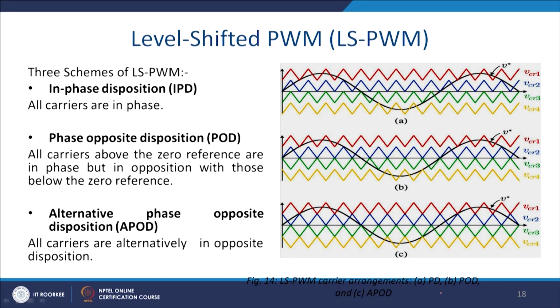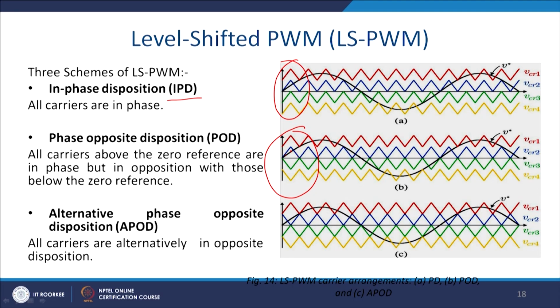So, there are different kinds of phase shifting techniques. One is in phase disposition or IPD, where all carrier waves are in the same phase. Then phase opposition disposition, POD. Here this is actually IPD, and here you will find POD.